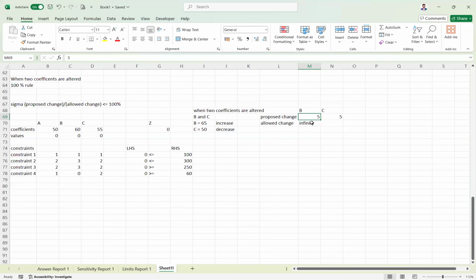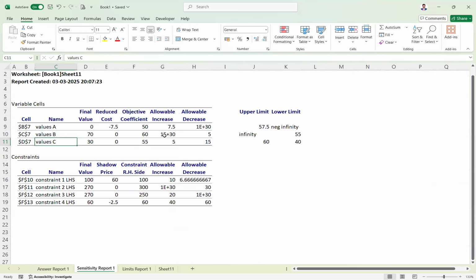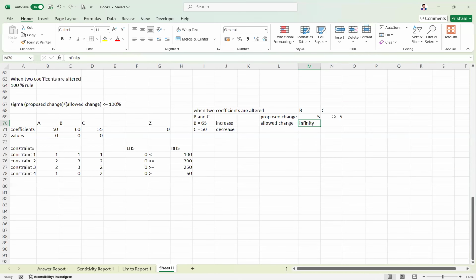So this is the increase, that is why I'm checking the allowable increase. 1E means it is a very big number; you can take it as infinity. Similarly for C, the proposed change is not 5, it is minus 5, because from 55 it is going to 50. So it is a decrease by 5.